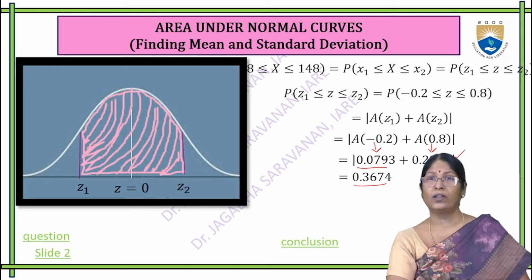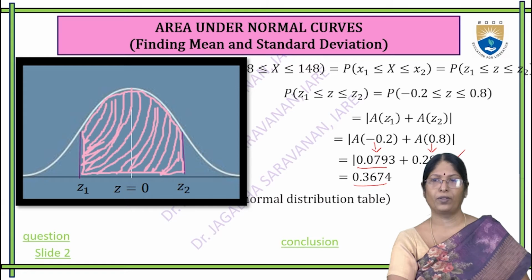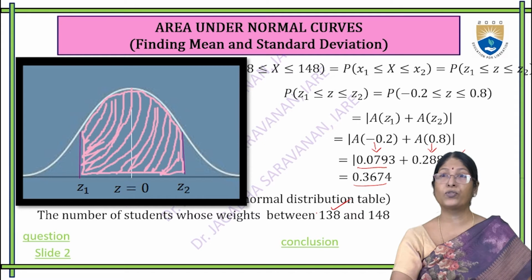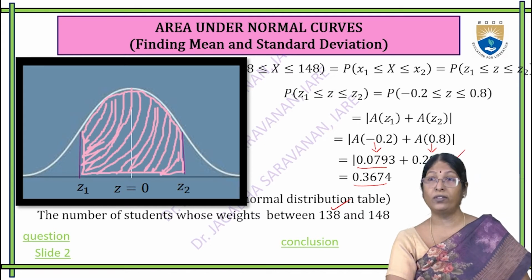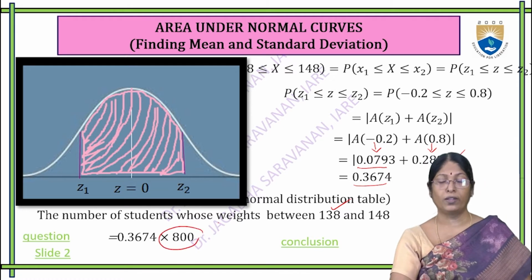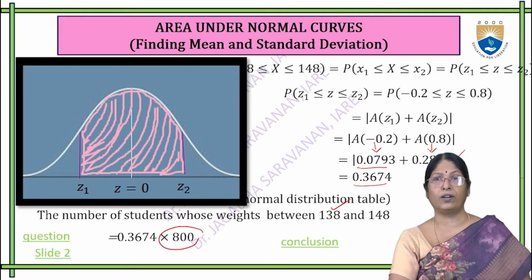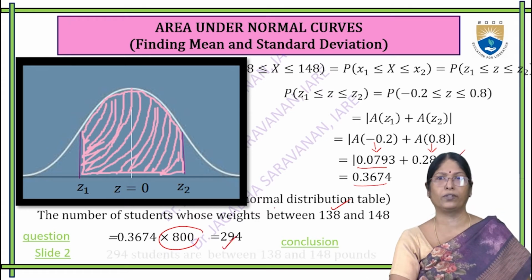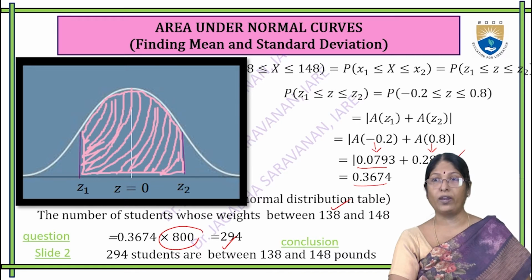And one more thing, the question also gives the data of 800 students. So for the number of students whose weights are between 138 and 148, that is the reason we multiply by 800, and we got 294 students between the weights, the pounds, 138 and 148.